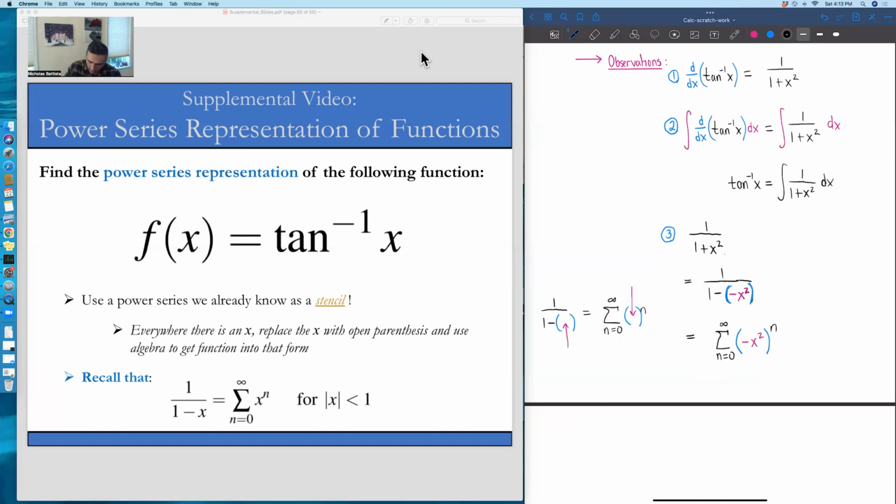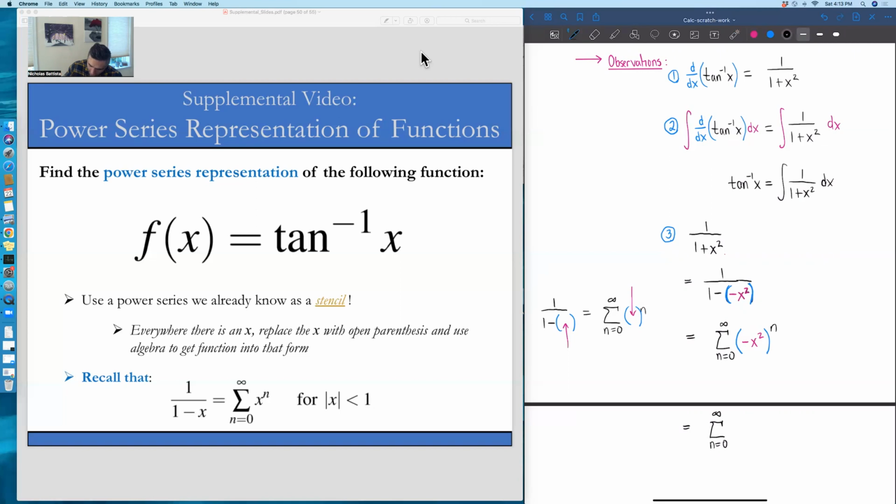And then just doing a little bit of algebra here, because we want to try and isolate the x terms by themselves. Since inside of the parentheses, we have the product of things being raised to the same power, we can split this into the individual factors raised to those powers and then multiplied together.